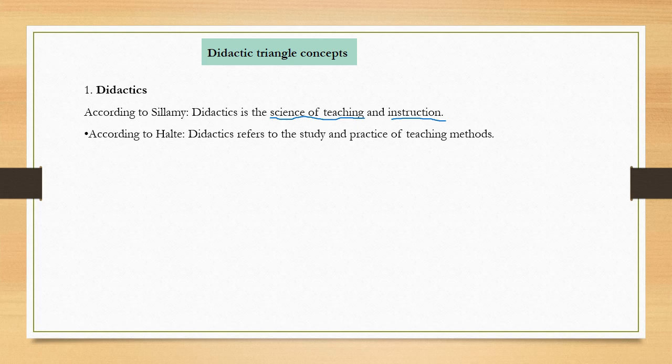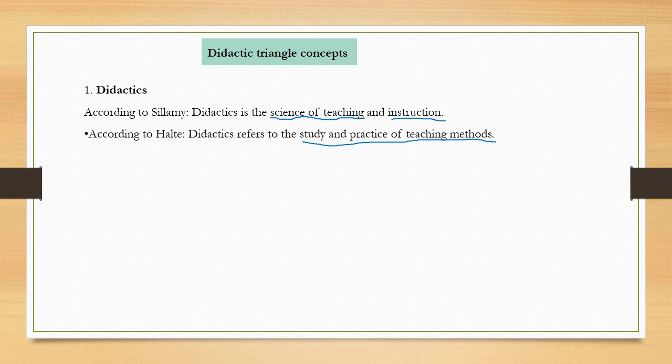The second definition is from Hartro, who defined didactics as the study and the practice of teaching methods. It studies the structure and procedure of practice, and the practice of teaching methods. How are they structured and used?